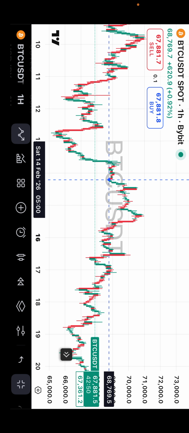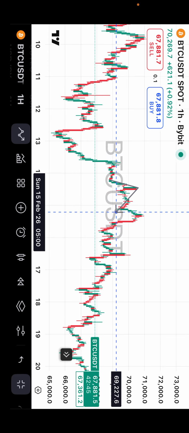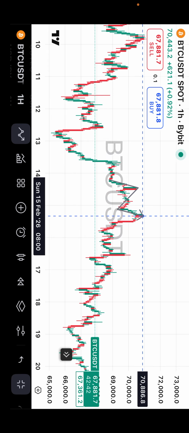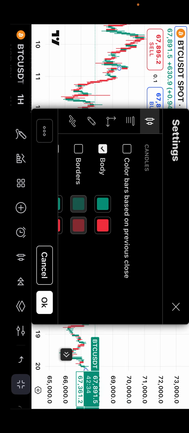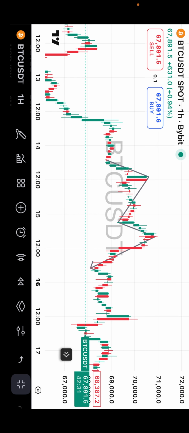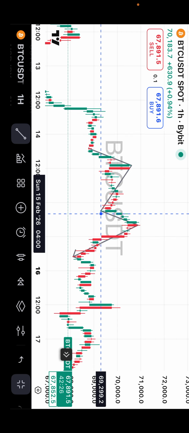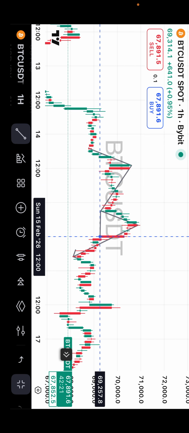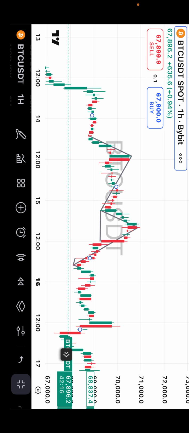Then the market took out this low and started to form a bearish trend. So after seeing this, here is our break of structure on the lower time frame.